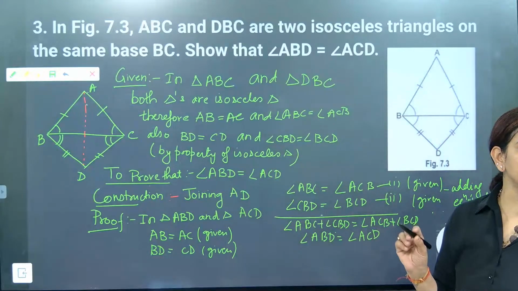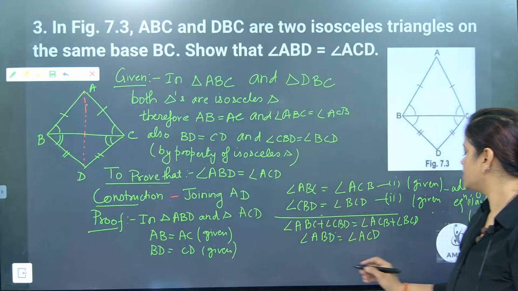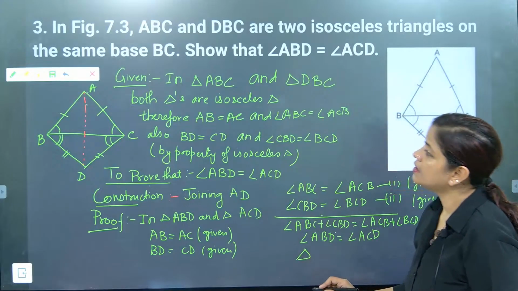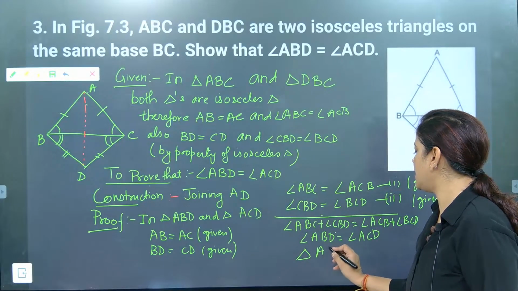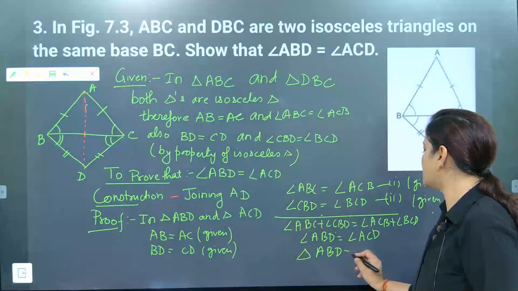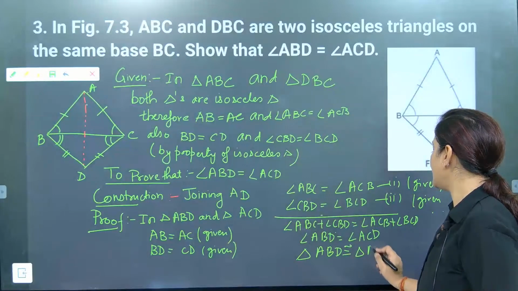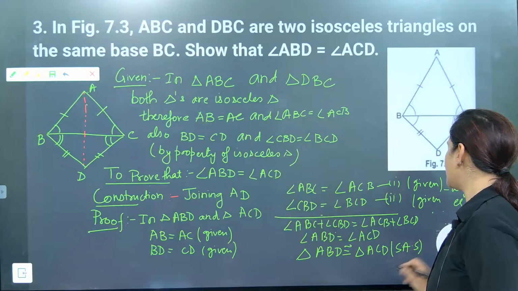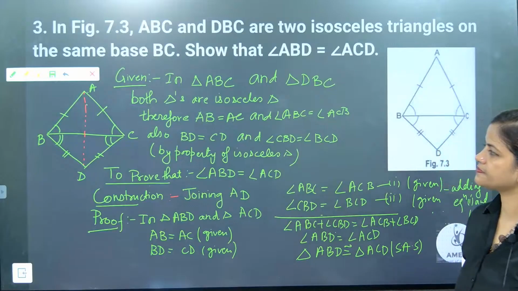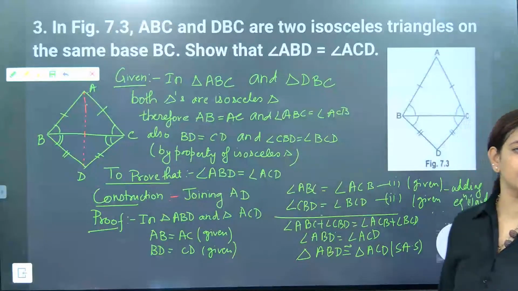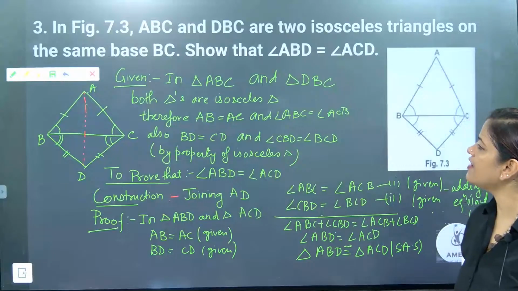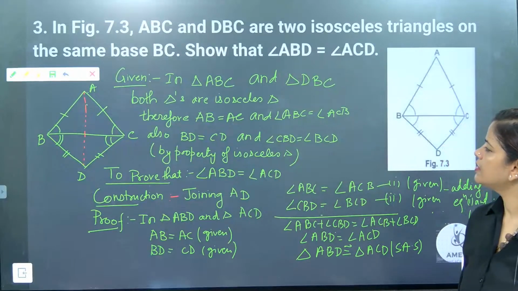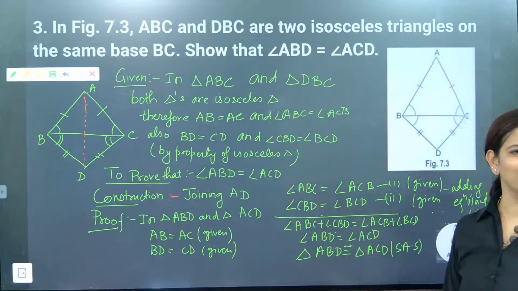Once we have added them together, what is the criteria here? Side angle side. So triangle ABD is congruent to triangle ACD by what criteria, beta? Side angle side. Then by CPCT? What they have asked, already we made the proof without it.